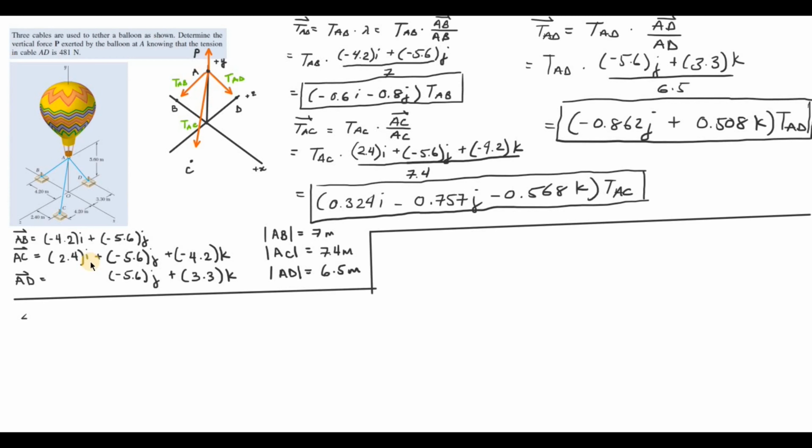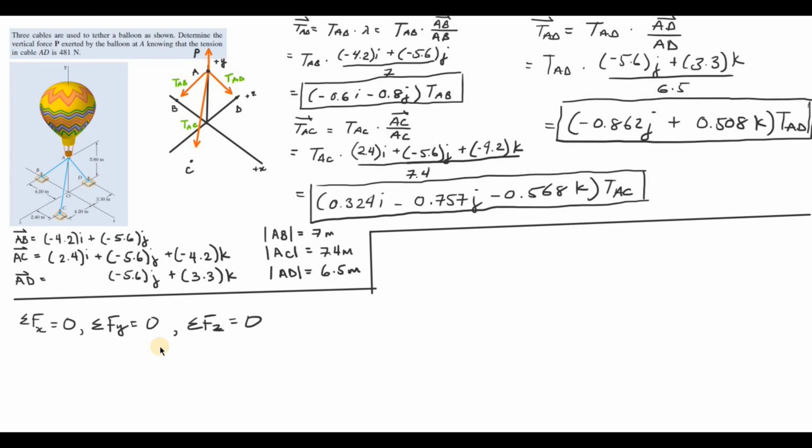So now we know that the sum of the forces in the x is equal to 0, the sum of the forces in the y is equal to 0, and the sum of the forces in the z direction is equal to 0. So what this means is we can equate the components of the tensions in the x, y, and z directions to 0.